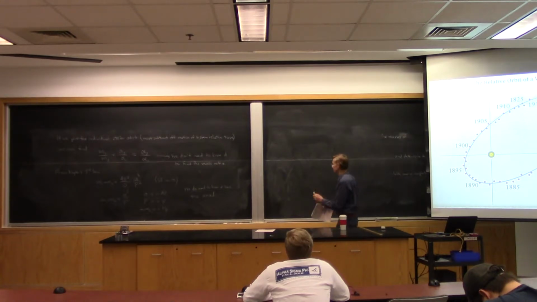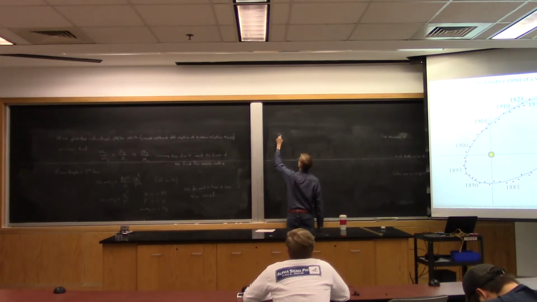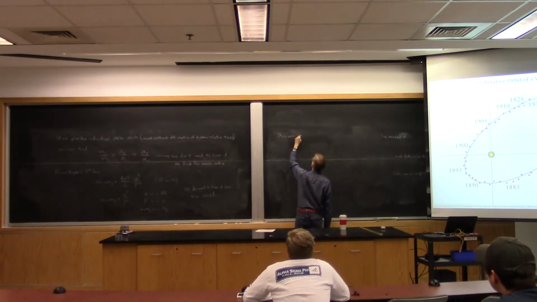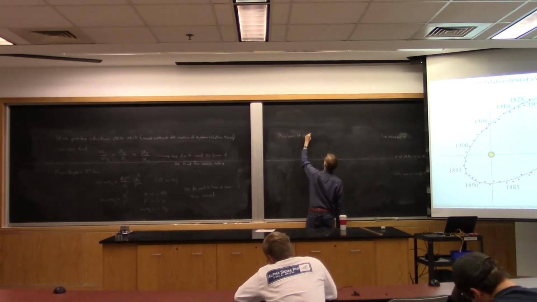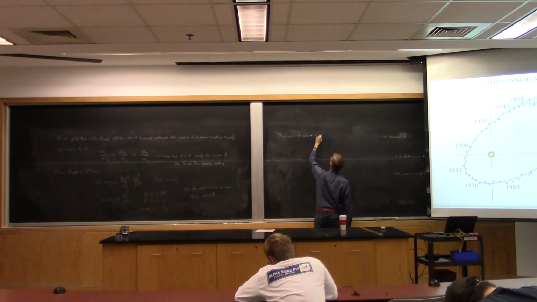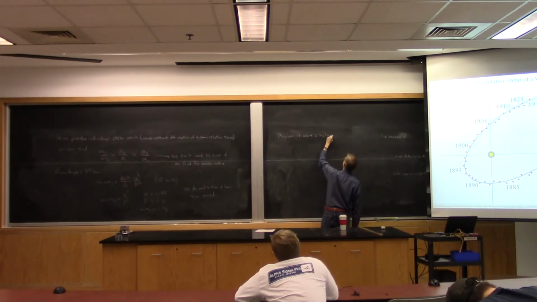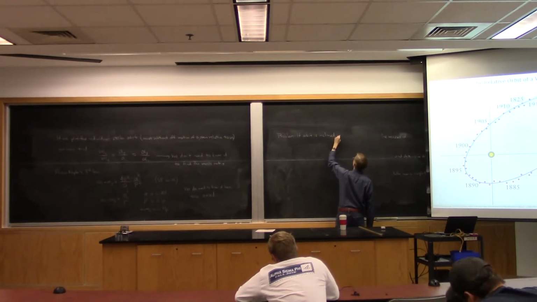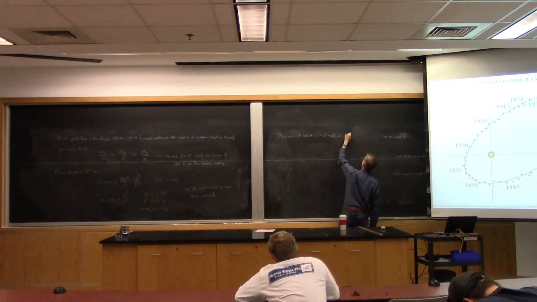Tricky part. Problem. If the orbit is inclined, we don't see its true shape.